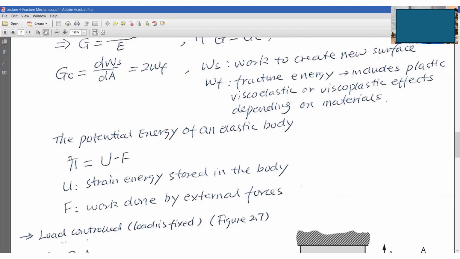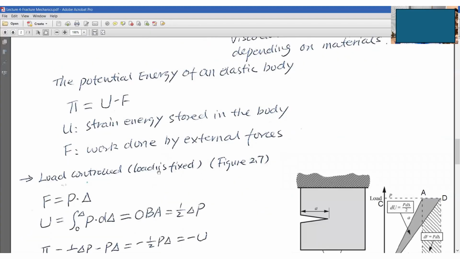The strain energy minus the work done by the external forces gives the potential energy of the elastic body. You should know that.